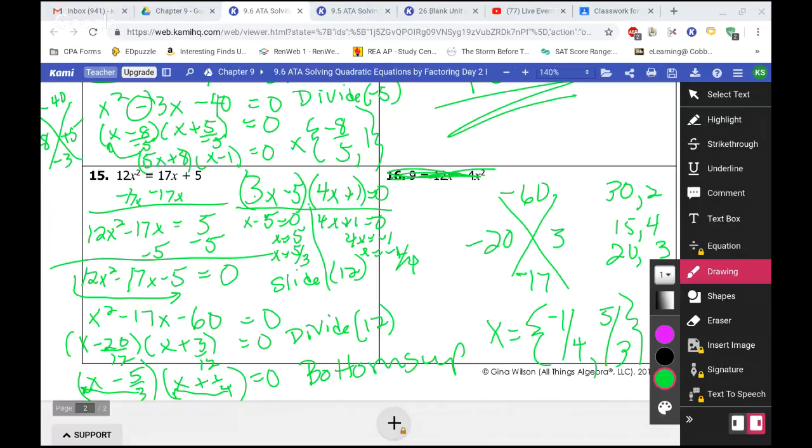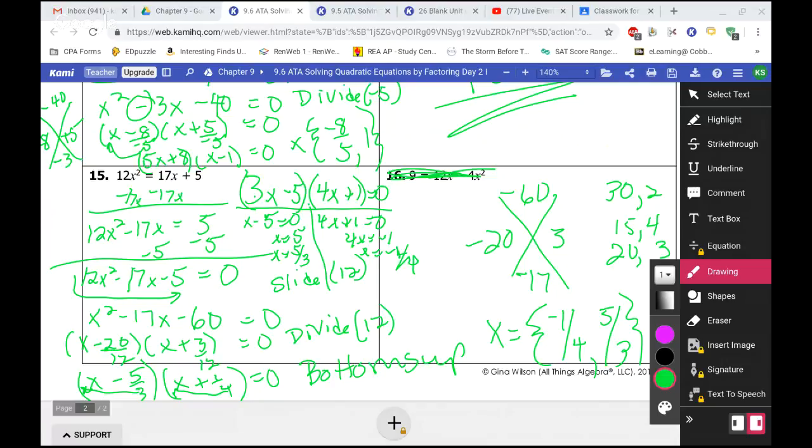And what do those solutions mean? Anybody tell me? What do those solutions tell us about the quadratic? Where it crosses what, if I'm graphing it? Where it crosses the x-axis. Good job.